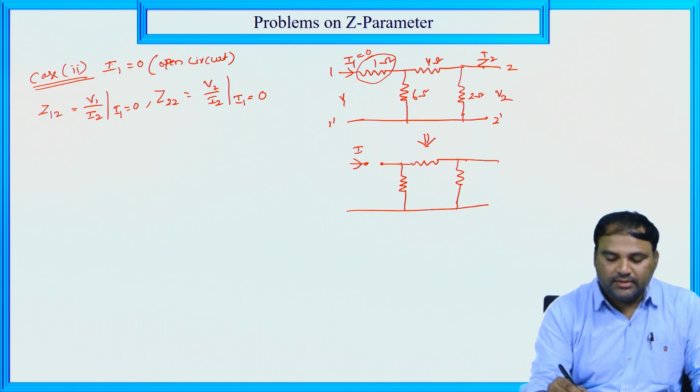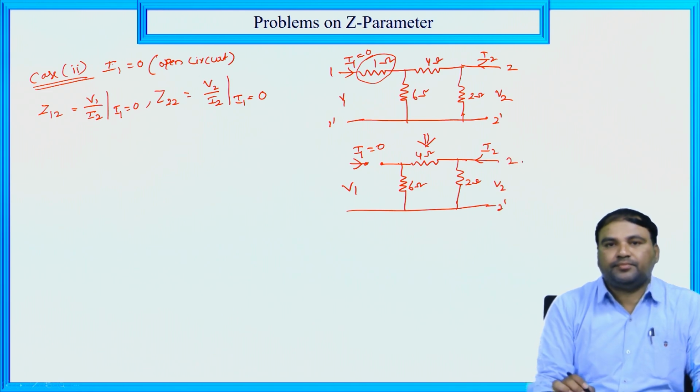So this is I1 equal to 0, this is V1, this is the 4 ohm, 6, 2, and this is I2, and this is V2.